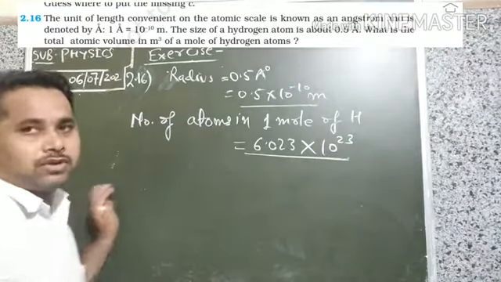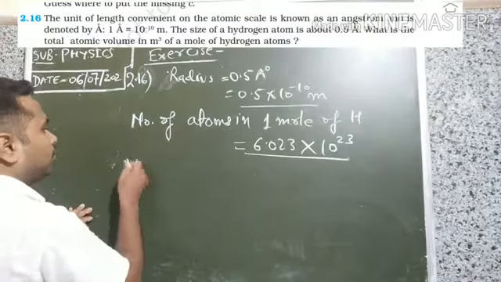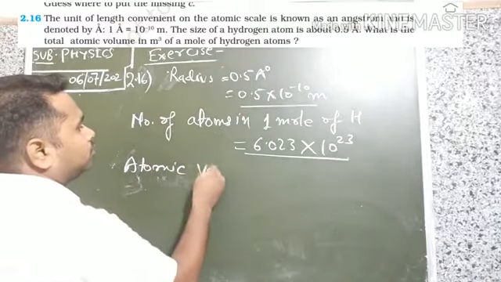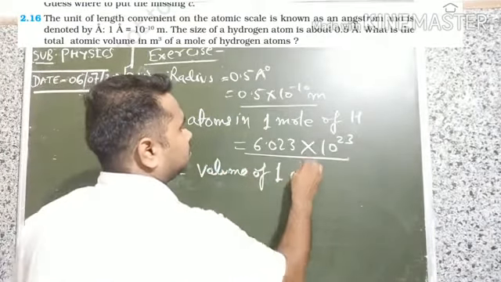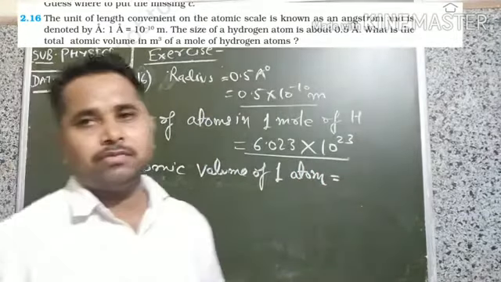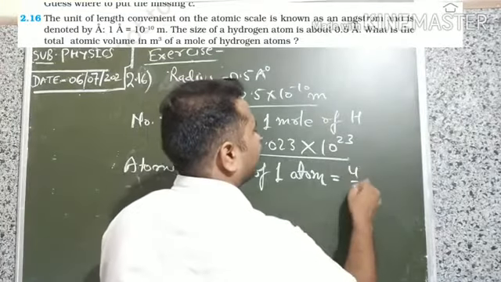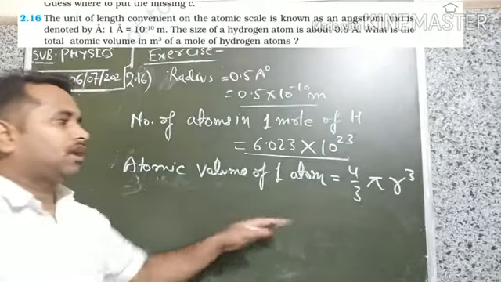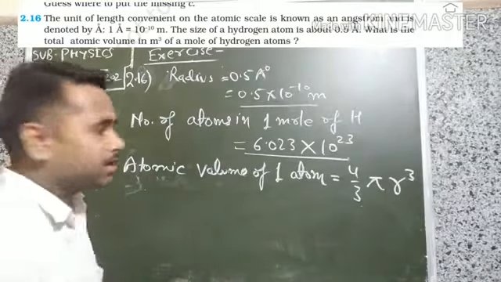First of all, you should know the volume of one atom. So the atomic volume of one atom: you know the shape of the atom is considered as a sphere, so its volume is 4 by 3 pi r cube, where r is the radius of the atom.